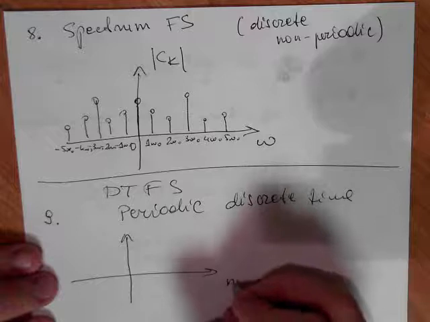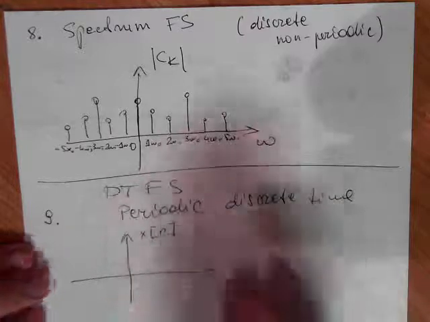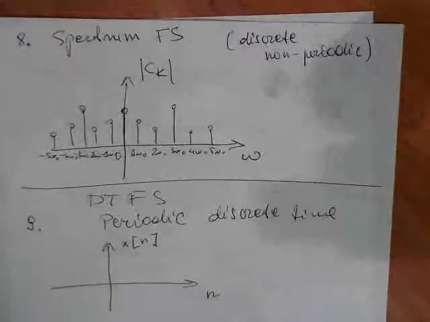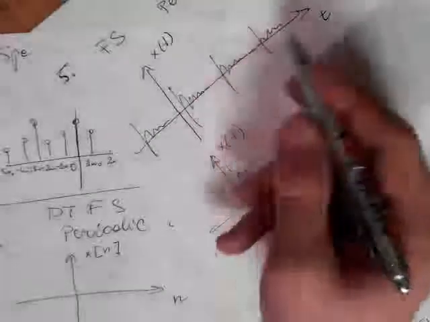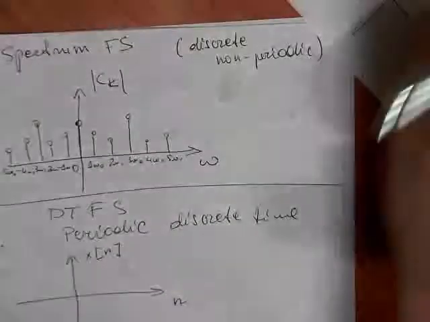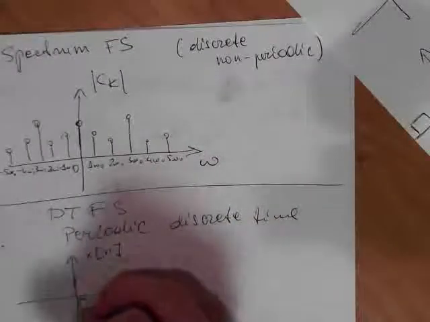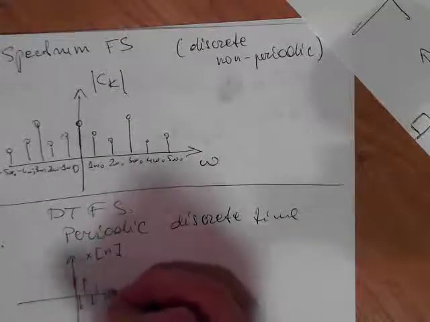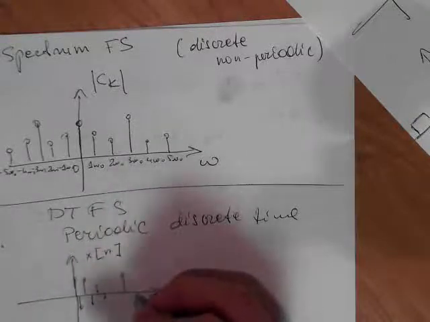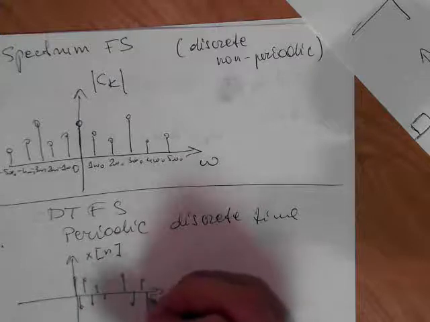Where is that previous page? So these signals are just represented in a discrete time manner. In discrete time, the first signal would look like a sampled signal. It would look like something here, something here, something here, down here.